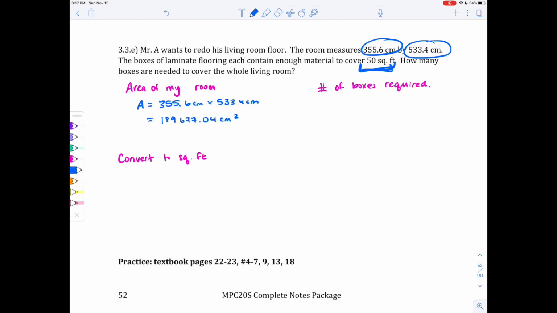Do I happen to have the conversion from centimeters directly to feet? Hard no. So we're going to have to do this in probably multiple steps, taking it to square inches and then going to square feet. So I need to start by saying, I have my 189,677.04 square centimeters.